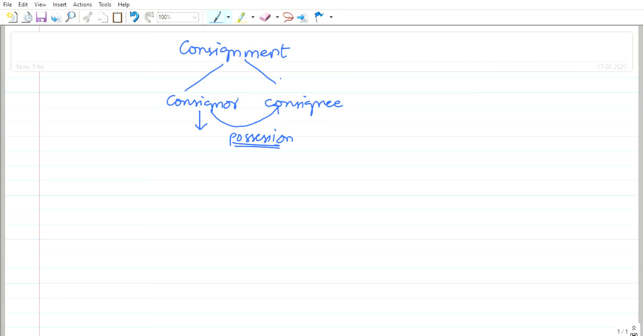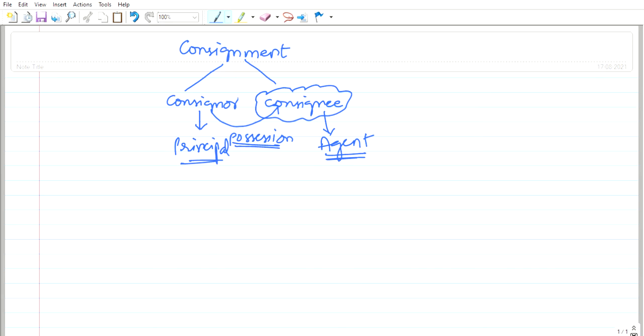That agent is called the consignee. The consignee is called the agent, and the consignor is called the principal. Therefore, there will be a principal and agent relationship between consignor and consignee.